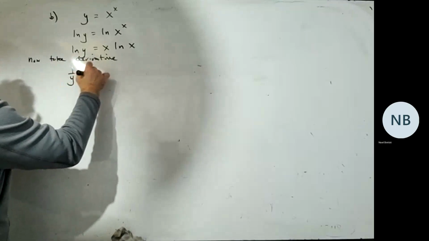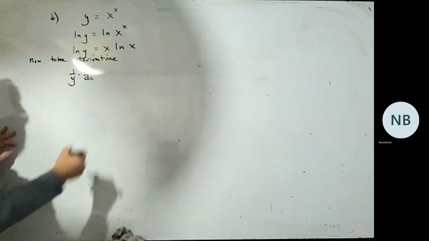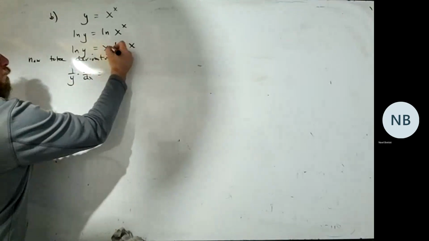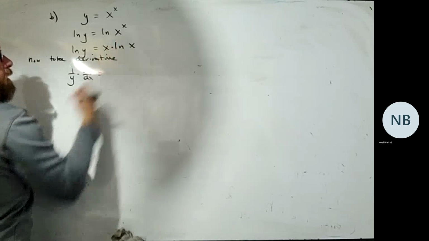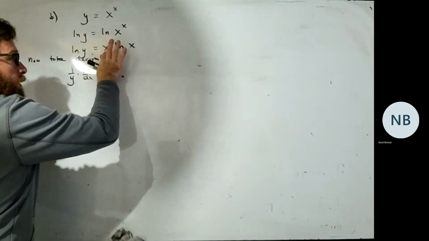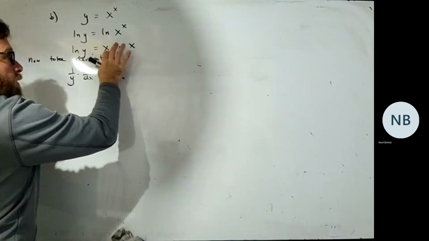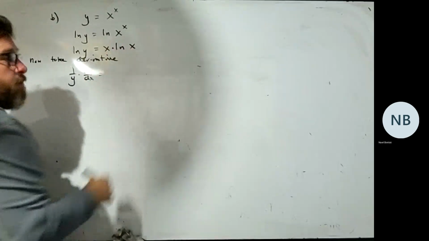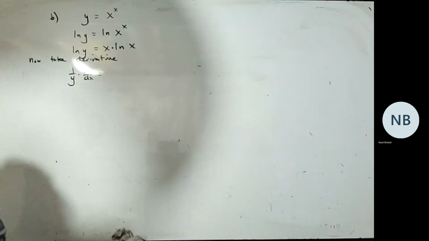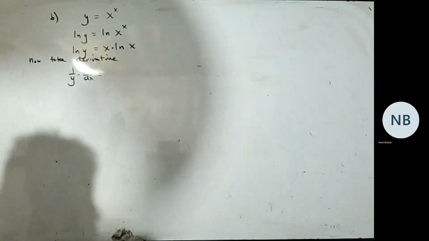It's 1 over y dy dx because it's explicit. But taking the derivative over here, it's got to be a product rule, because that's multiplication between x and the natural log of x. So you have to do the derivative of the first times the second plus the first times the derivative of the second. You know, f prime g plus f g prime, or u prime v plus u v prime, whatever letters you prefer.